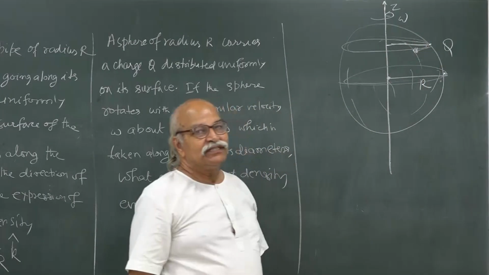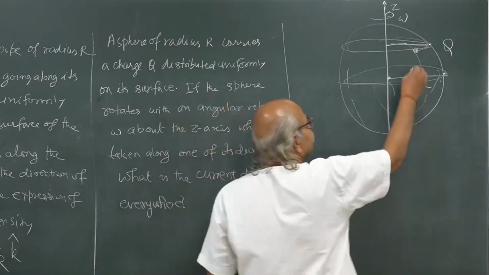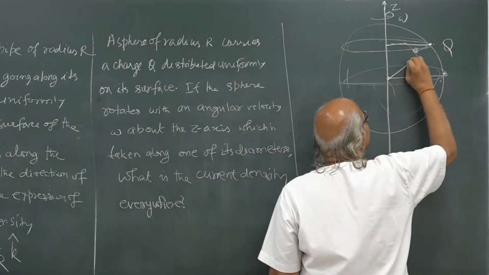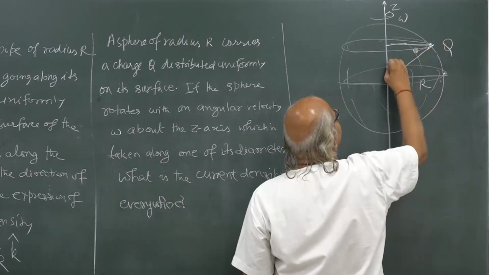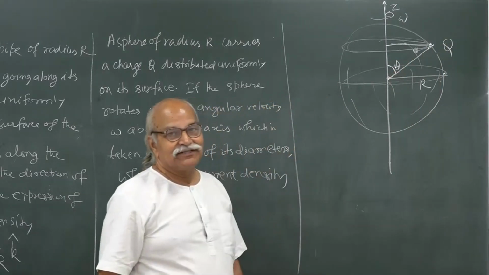If you use spherical polar coordinates, and here is your point, then this angle is known as theta, from the z axis.